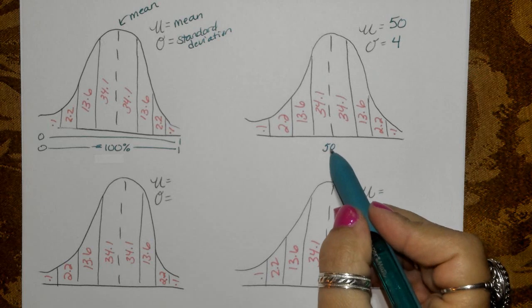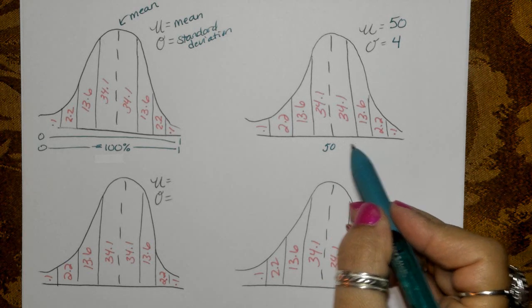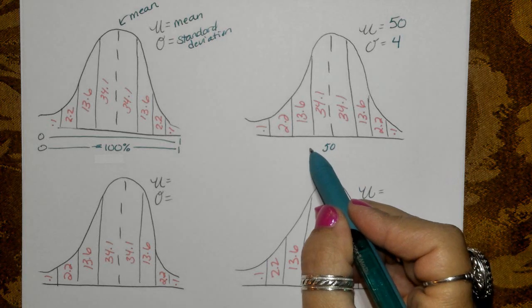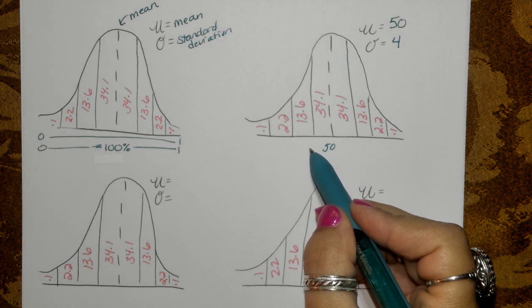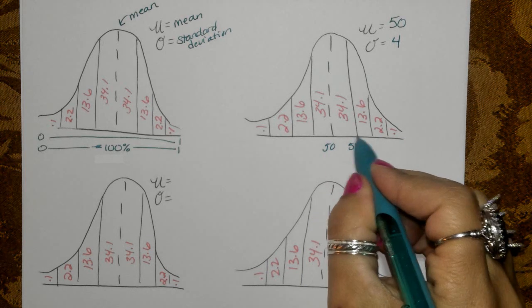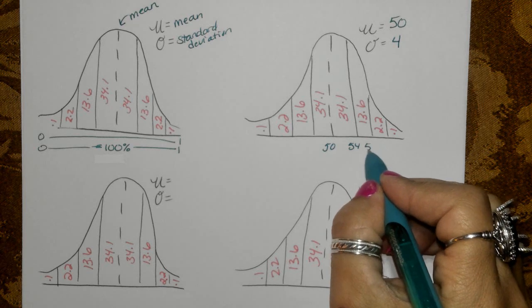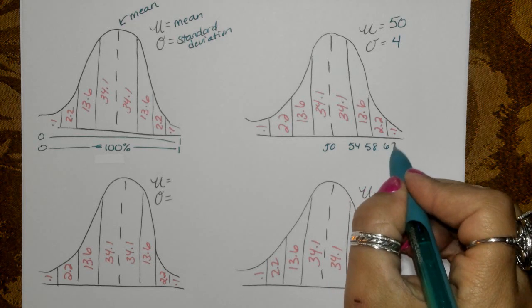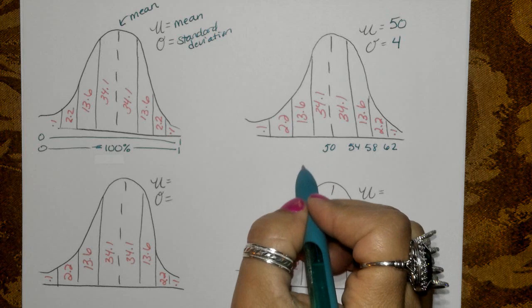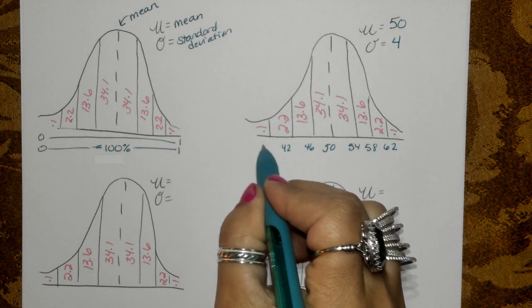So every time I move right, I add 4, and if I move left, I subtract 4. So if we have 50 here, the next one will be 54, then 58, then 62. And going this way, I'd get 46, 42, and 38.